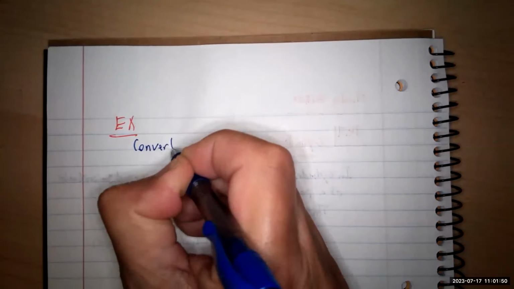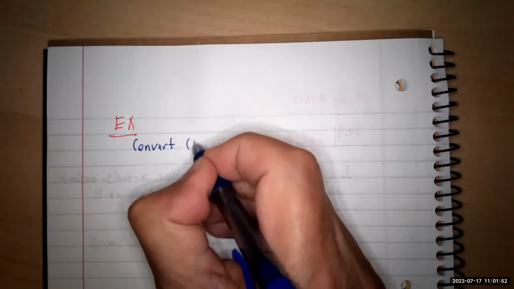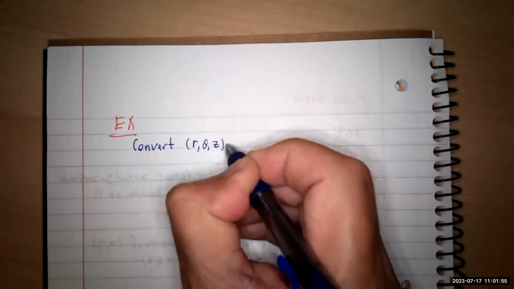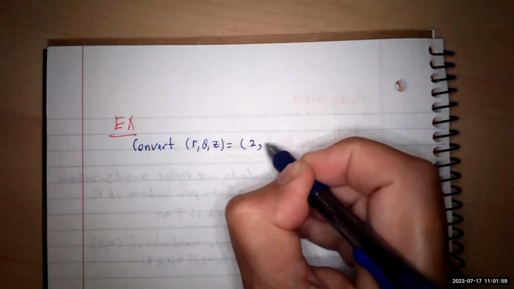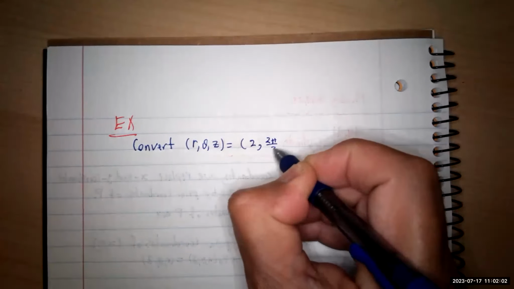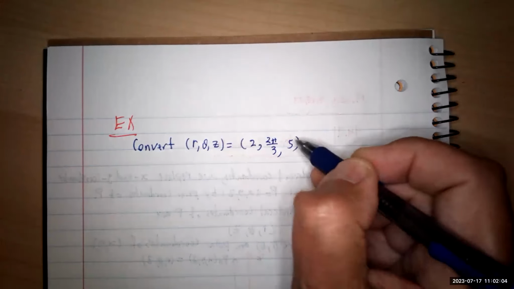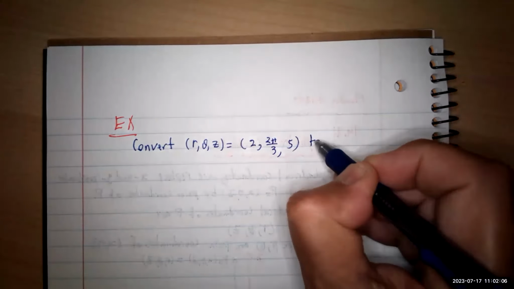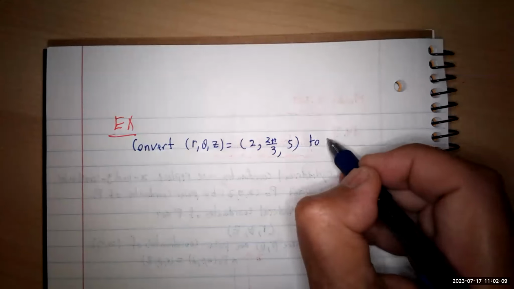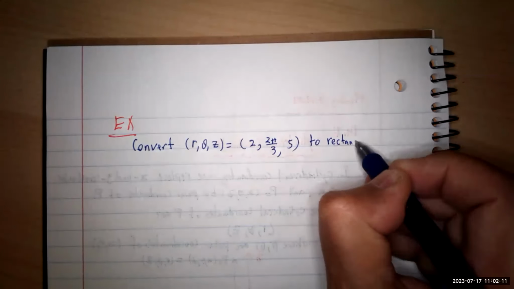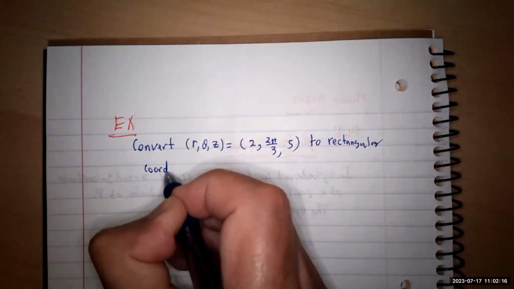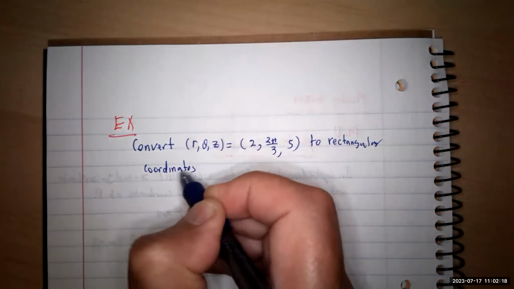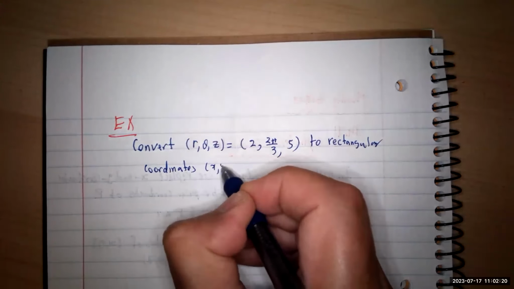So for example, convert. Suppose you want to convert r, theta, and z. So it's in cylindrical coordinates and it's given to you as 2, 2 pi over 3, and 5. So you want to convert this one to rectangular coordinates of this form, x, y, z.